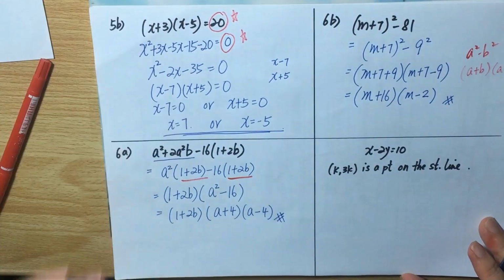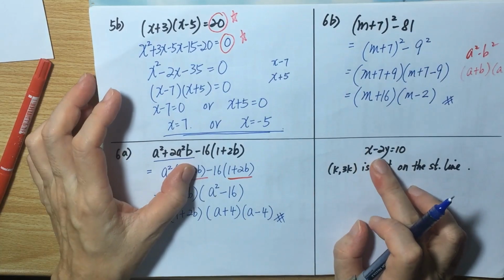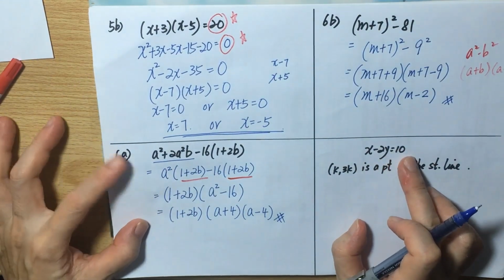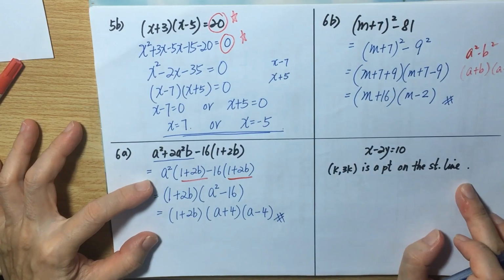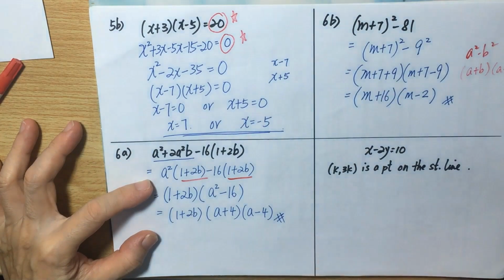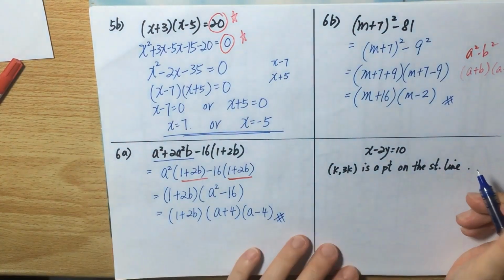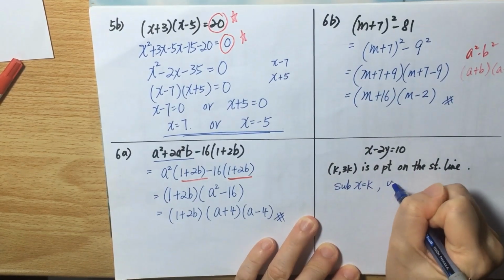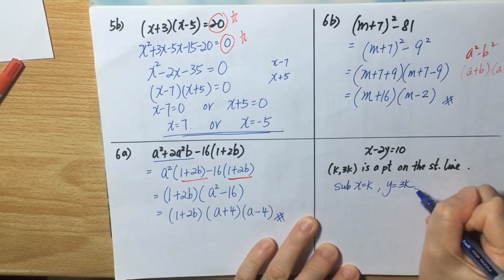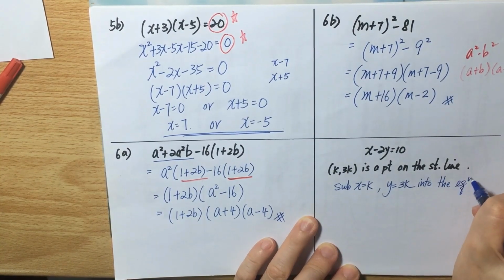Question 7, there is a straight line which has the equation x minus 2y equals 10. We are told that the point k, 3k is a point on the straight line. So how do we determine the value of k? Since this point is on the straight line, when we substitute x equals k and y equals 3k into the equation, it should satisfy the equation.